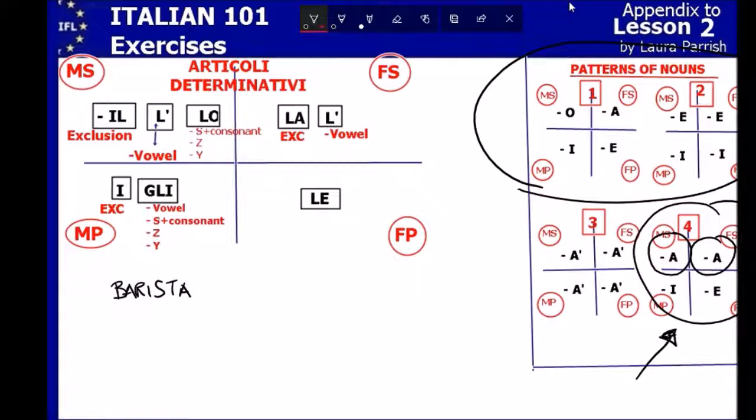Masculine singular and feminine singular. So let's say he's a guy. What is the right article? If he's a guy, it's masculine singular, so you gotta go here. Start with S plus consonant, no; Z, no; Y, no; vowel, no. By exclusion it is il barista. If she's a female, so feminine singular, it doesn't start with a vowel, so it will be la barista.